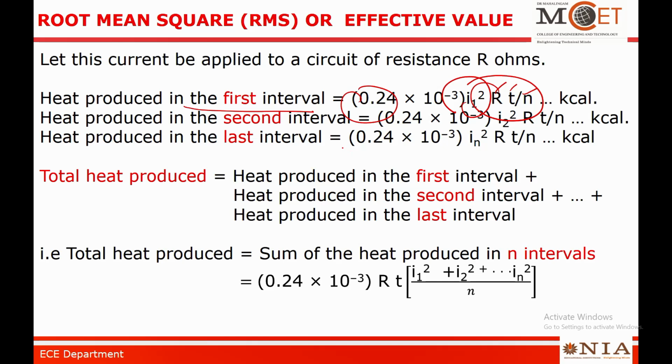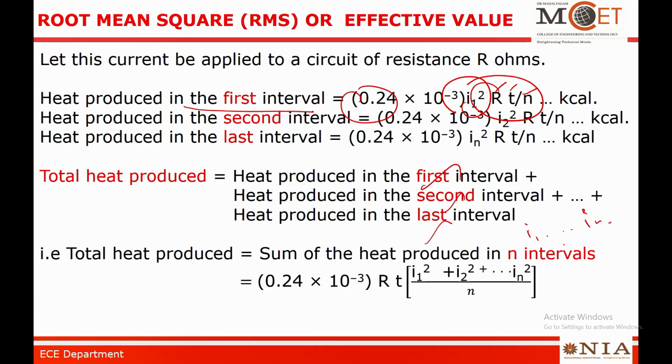So for the first interval the heat is produced with this term. Here the current is applied to a circuit with resistance of R ohms. The total heat produced will be obtained from the first interval, the second, and the last interval, which means I1 to In.